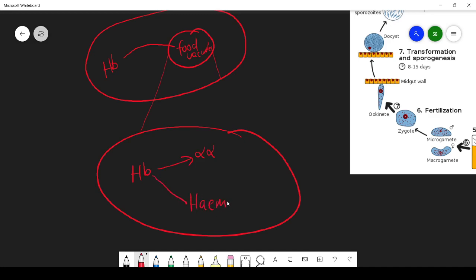And heme is a bit of a problem because it's toxic, so it has to get rid of it. And the way it does it is to polymerize it into this polymer called hemozoin.